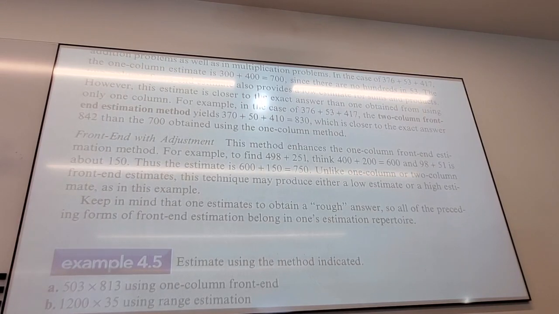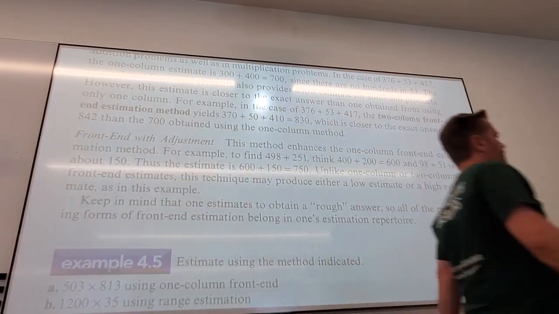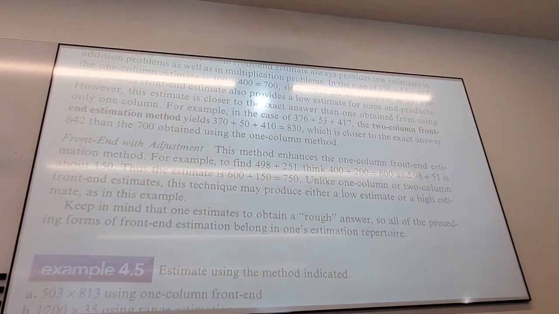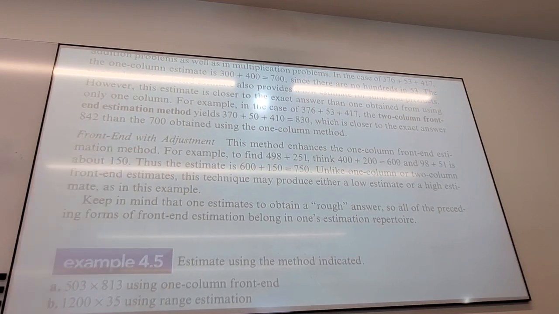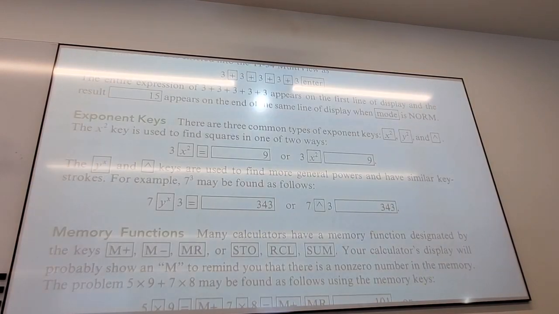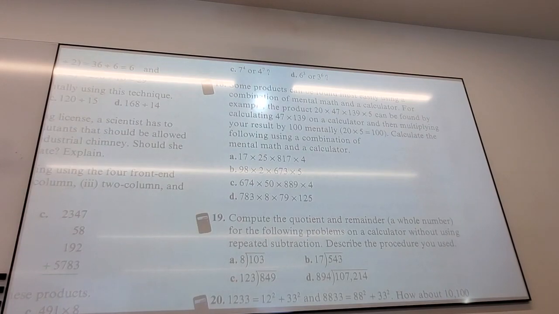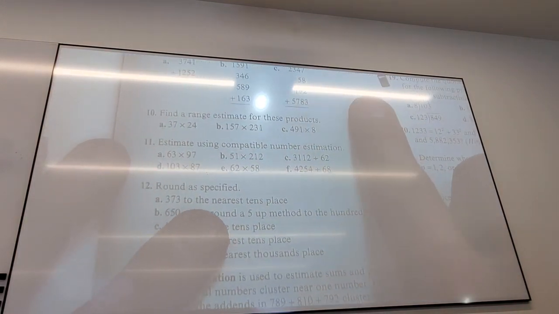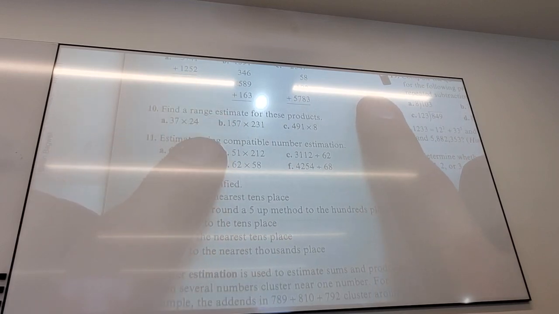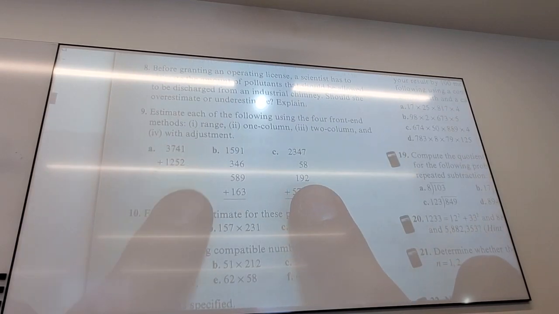Let me see, what's the question say? Estimate each of the following using 4 front-end methods: 1 column, range, 2 column, and adjustment. Oh yeah, so the only one we talked about was front end with adjustment. And again, we look at the first digit. Is it number 9?